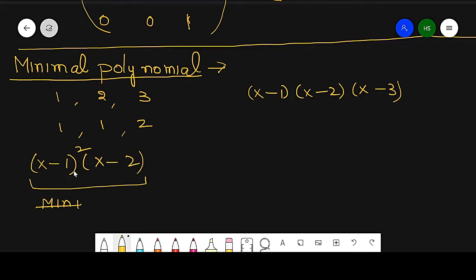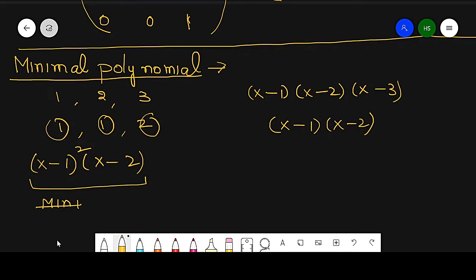Why? This equation has roots 1, 1 and 2, but the minimal polynomial is (x - 1)(x - 2). This equation satisfies these roots, so this is the minimum polynomial which satisfies these three roots.